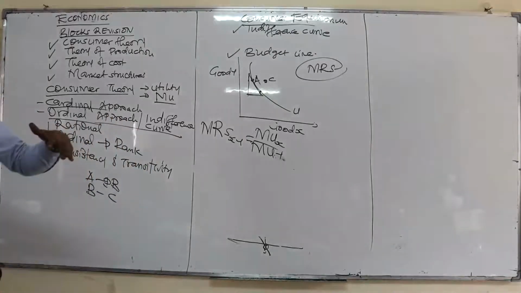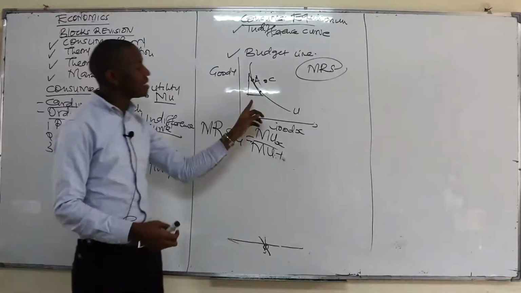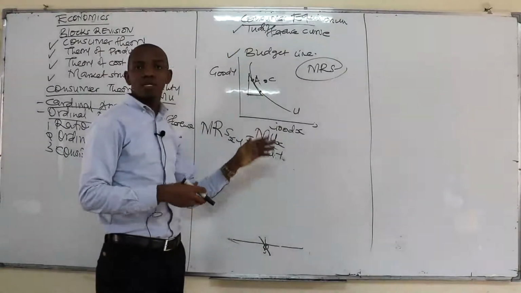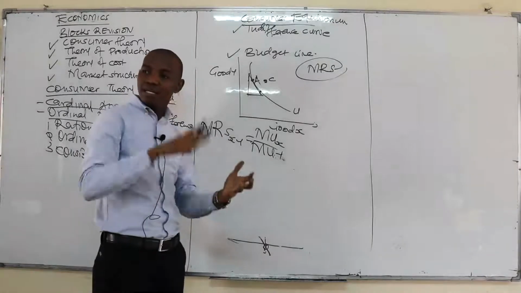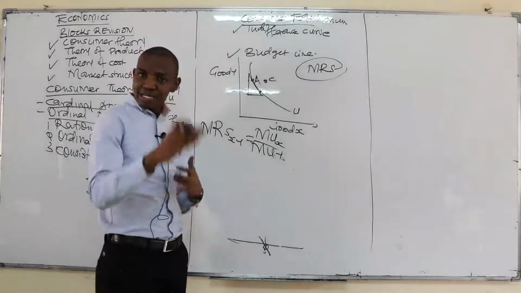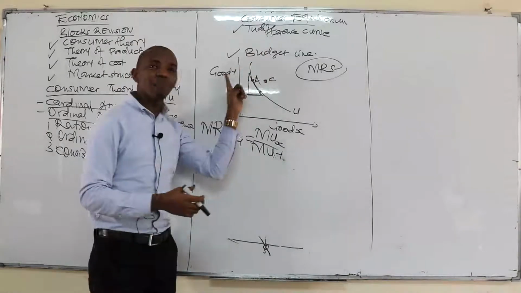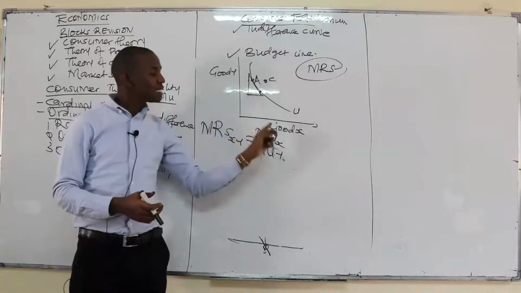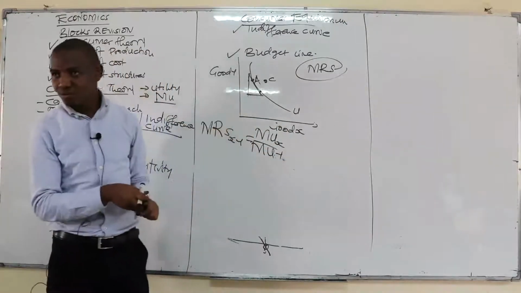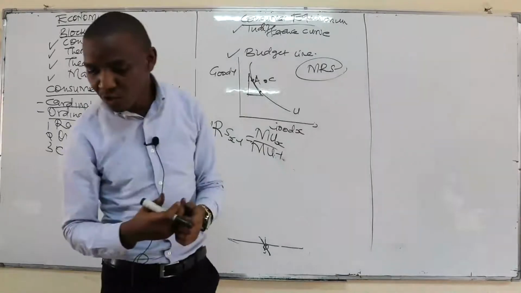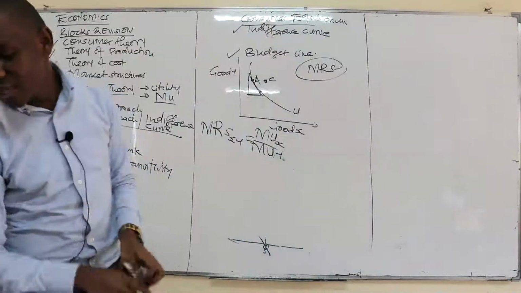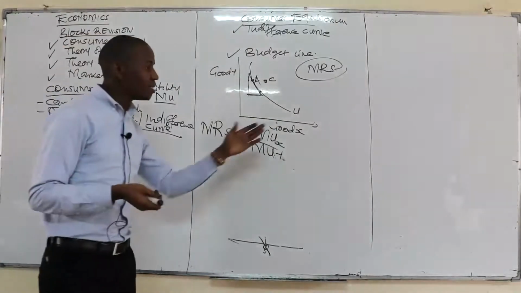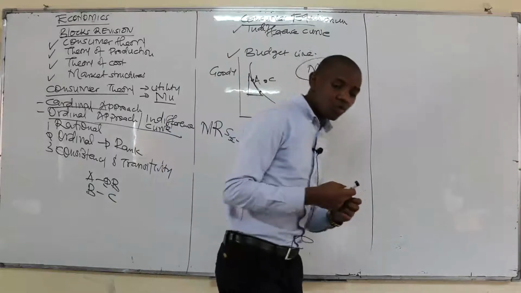And in the end, the more you consume X, the less you consume Y. If you increase X, the other one must reduce. Therefore the marginal rate of substitution of the two commodities will always be diminishing. And that is what we mean by convex to the origin.